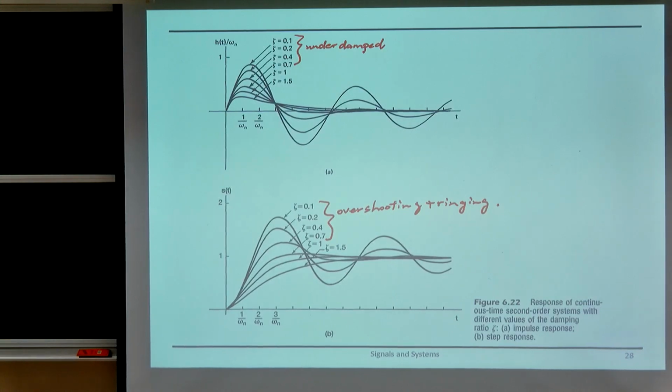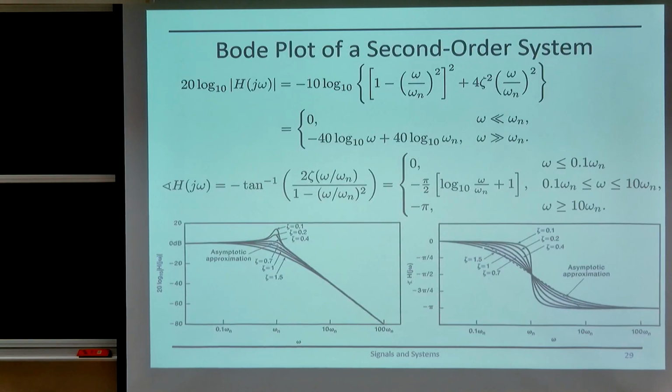Now let's look at the frequency domain in terms of the log magnitude or the Bode plot. Suppose you want to draw out the Bode plot of this second order system. You first take 20 log of the magnitude of the response.